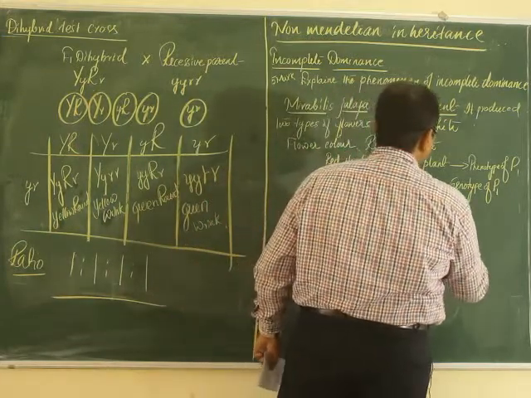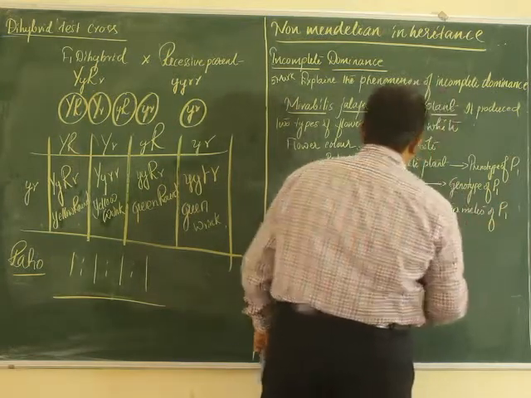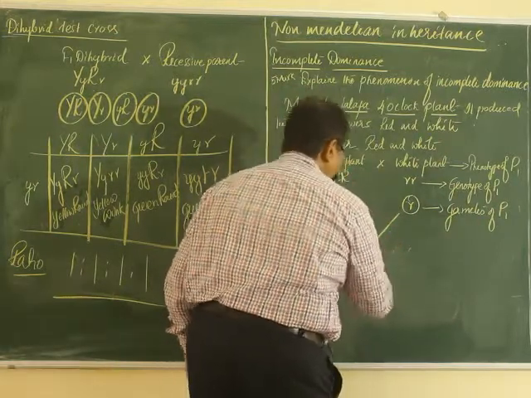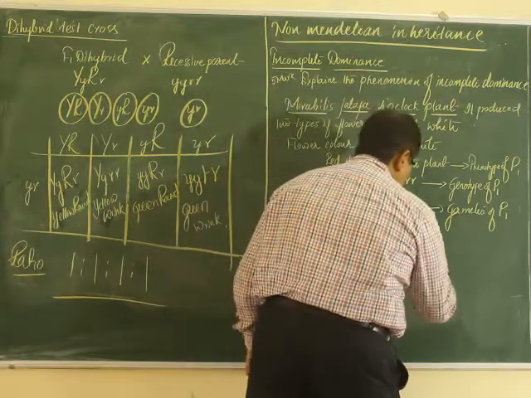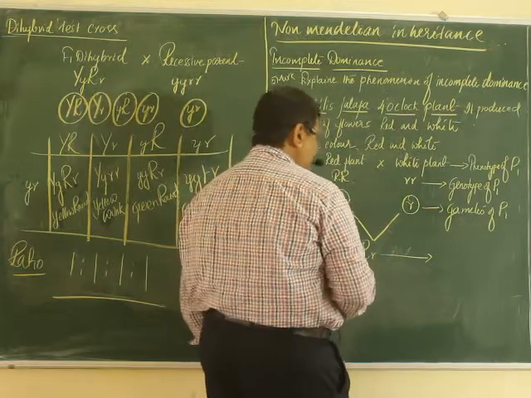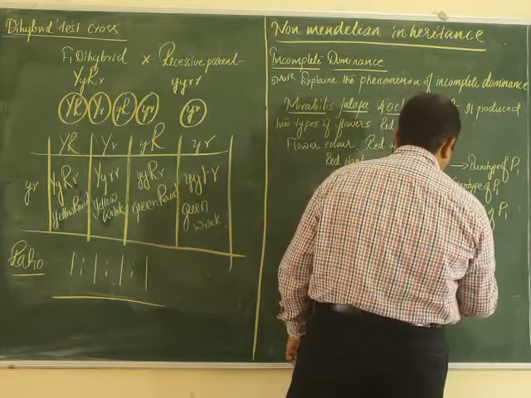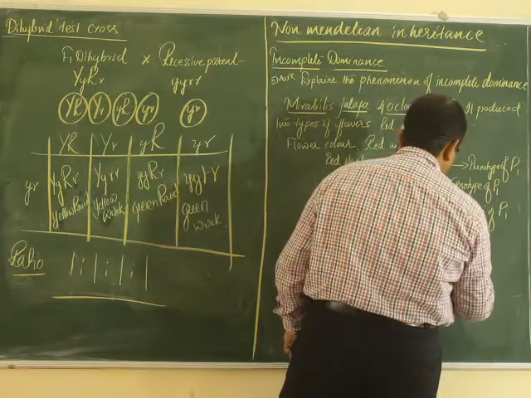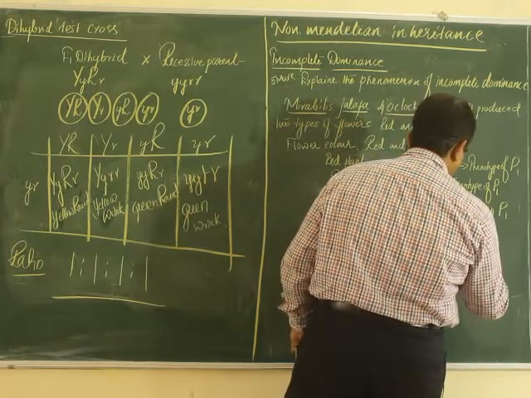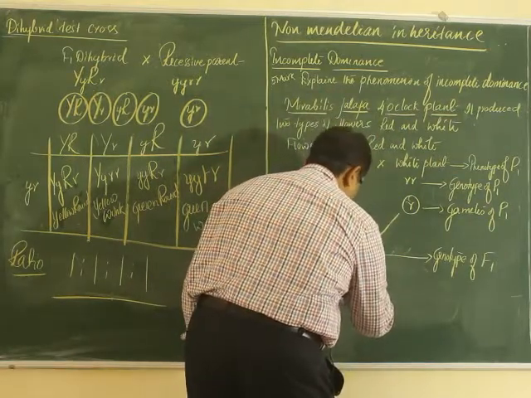Then here, gametes of P1, and a hybrid they got. What did they expect? A red flower producing plant, but they were surprised. This is the genotype of F1, and they got pink.